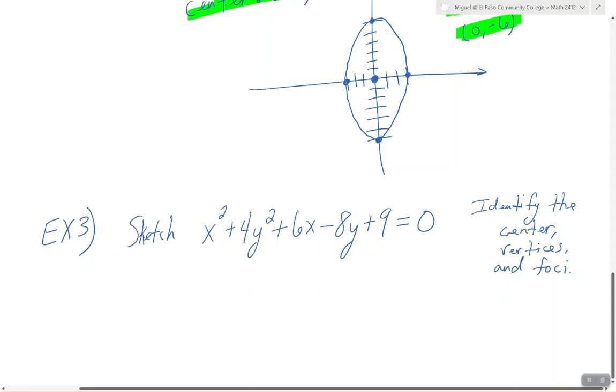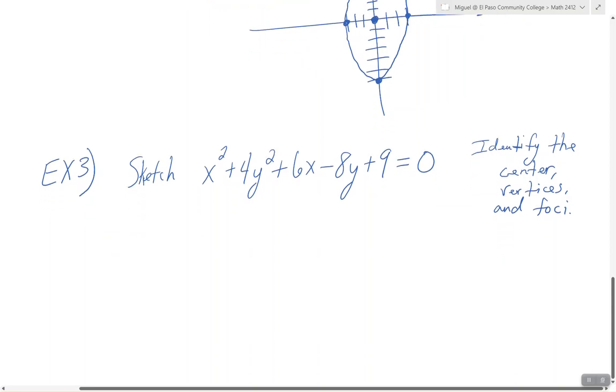So let's start by, we're going to have to complete the square to get the two terms that we want, the x terms and the y terms. So what we do here is we gather all the x terms together and the y terms together, and then we move all the constants to the right side to kind of move them out of the way, and then we'll complete the squares first, and then we'll talk about getting the one on the right.